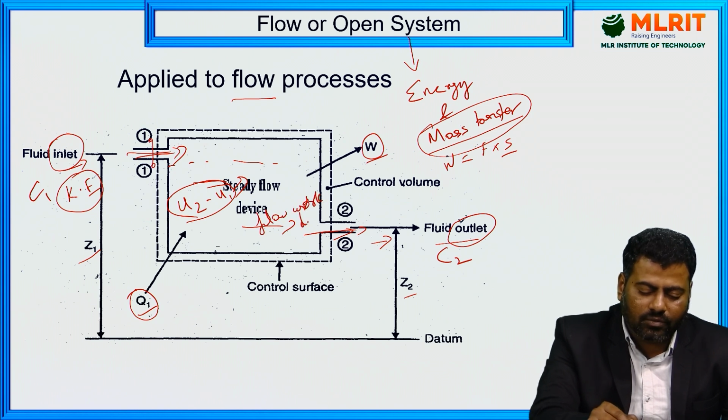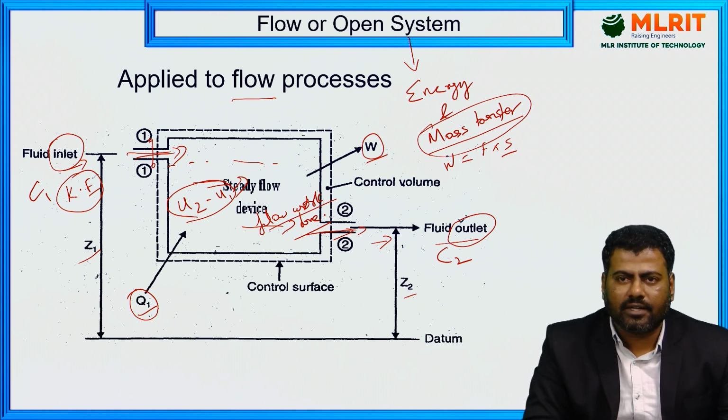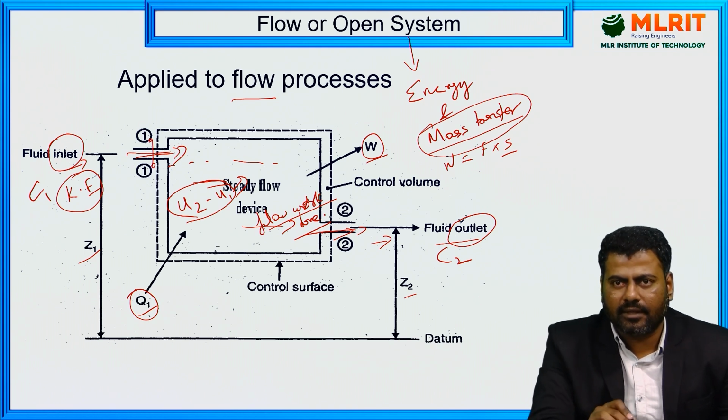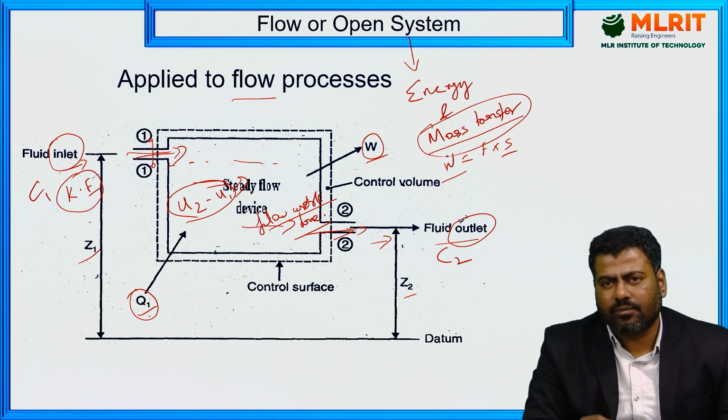This flow work done is nothing but transferring the mass from one place to another, so there also the displacement is taking place. But that is applicable with respect to the working substance, not with respect to the boundary. If it is with respect to the boundary, then we can say it comes under mechanical work done. So these are the energy parameters I am supposed to consider for this flow, or open, system.